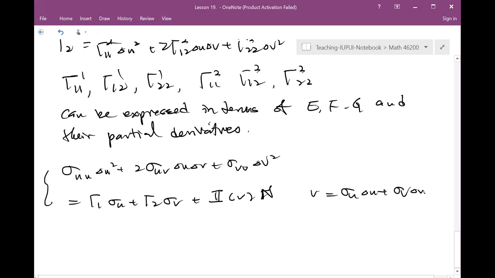Okay. So we determine the first part actually is the tangent part. Completely, those coefficients depend on E, F, G. This is the second fundamental form, of course, it depends on the second fundamental form. So this part, it depends on the first fundamental form.